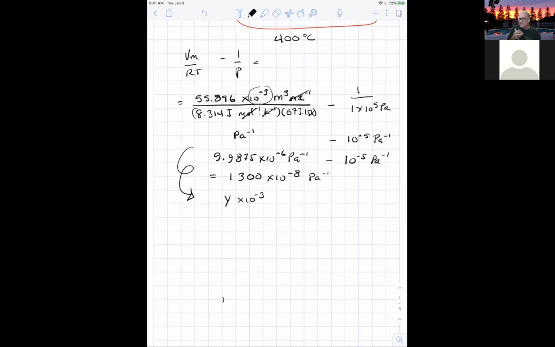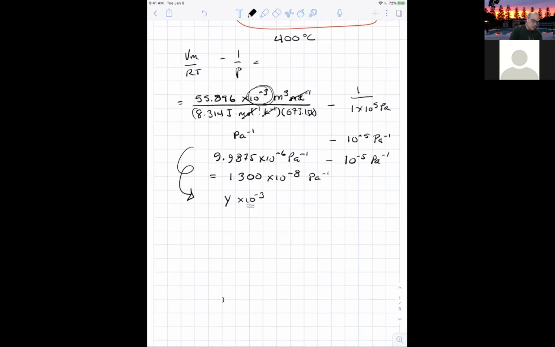That's why on plots a lot of the time you see the 10 to the minus 3 or 10 to the 6 as part of the unit, because we're just moving the decimal. It's weird, but physical chemistry. So we have to take that 10 to the minus 3 into account, just like we did up here.